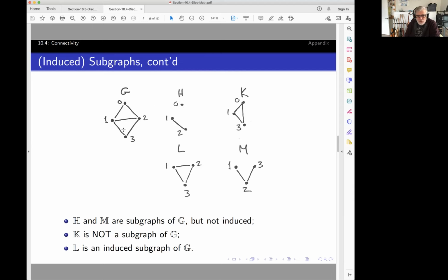You look at 0, 1, 2, it should be that triangle there. Okay, so 0, 1 and 0, 2 are missing. That's no good. Okay, what about L? Yes, L is good. 1, 2, 3, all the edges are there. Everything is good. And M, you see, is not induced because 1, 3 is missing.